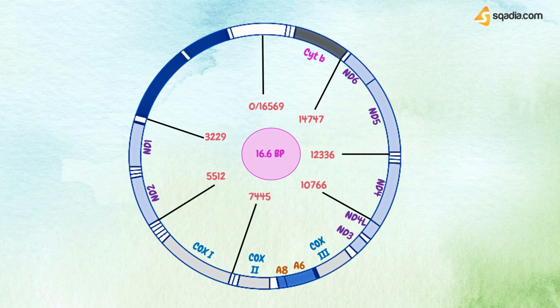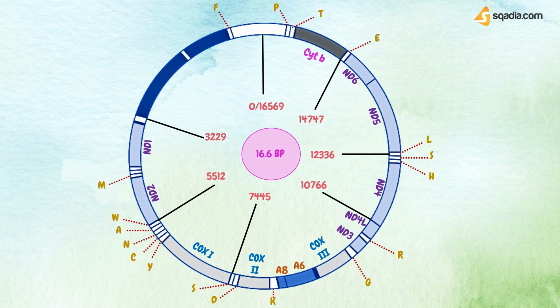The transfer RNA loci are indicated by single-letter amino acid codes: phenylalanine, proline, threonine, glutamate, leucine, serine, threonine, arginine, glycine, lysine, aspartate, serine, tyrosine, cysteine, asparagine, alanine, tryptophan, methionine, glutamine, isoleucine, leucine, and valine.